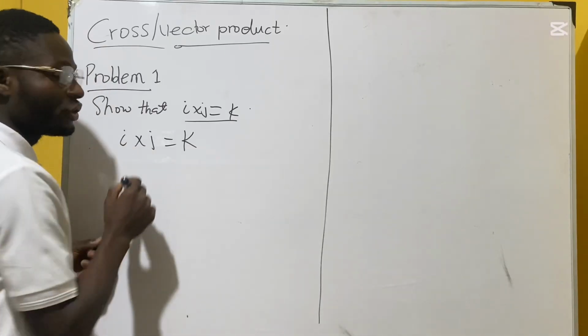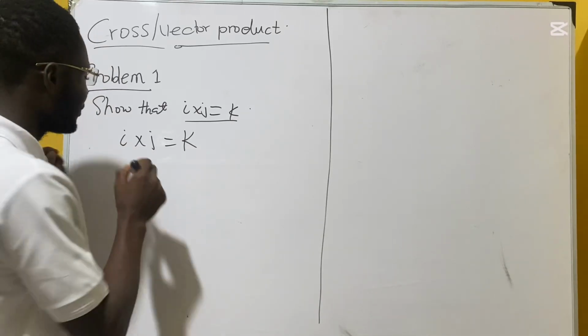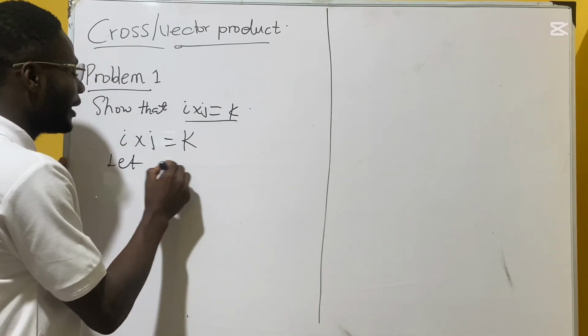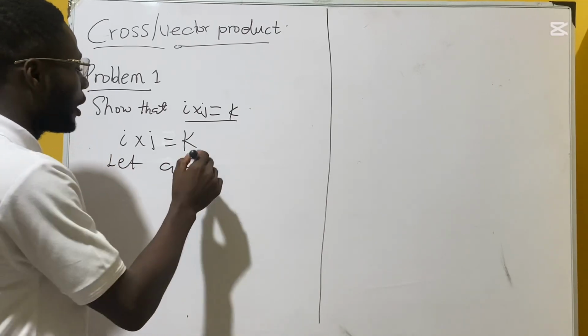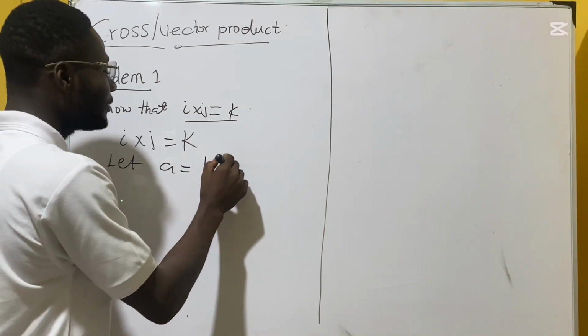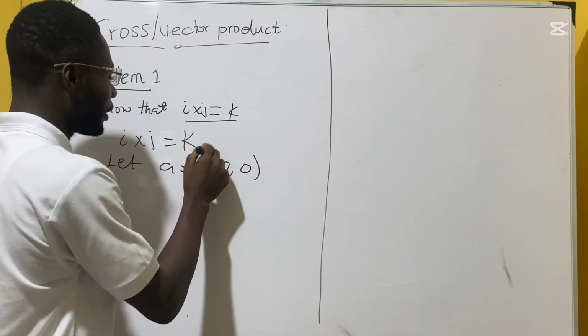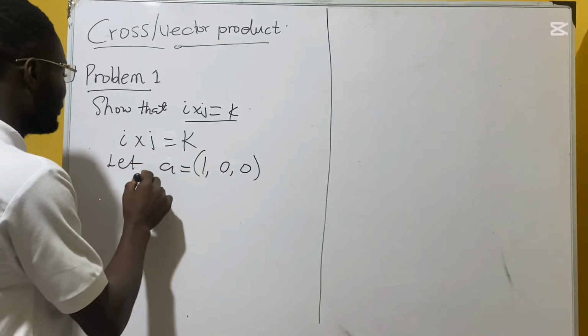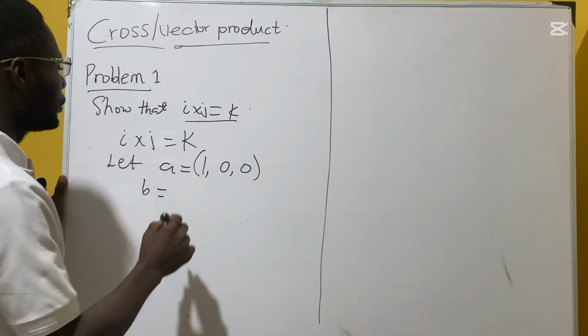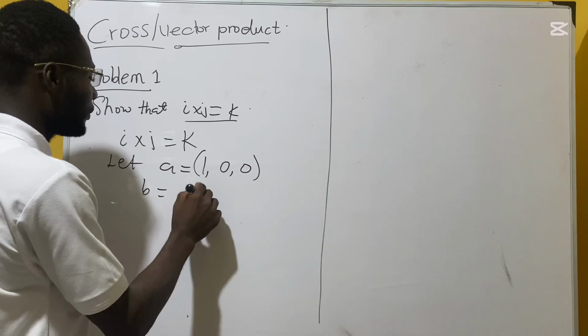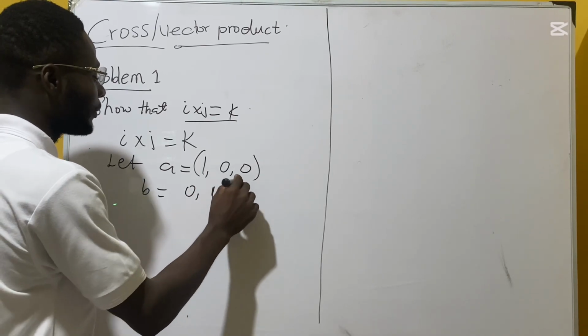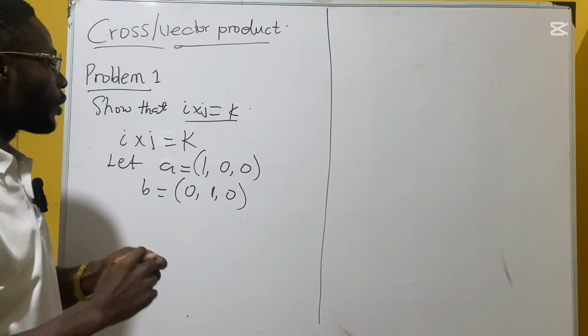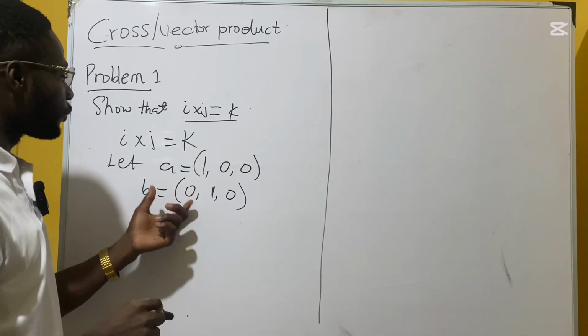So solution. Let's assume that a is equal to 1, 0, 0, and b is equal to 0, 1, 0.